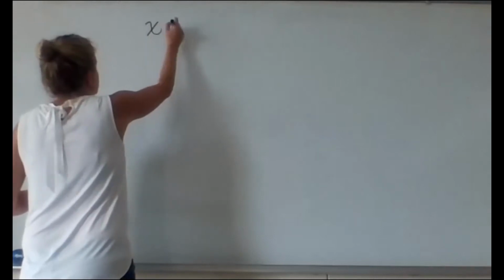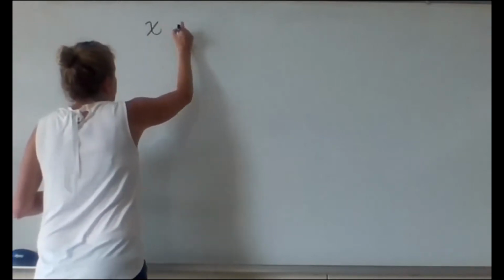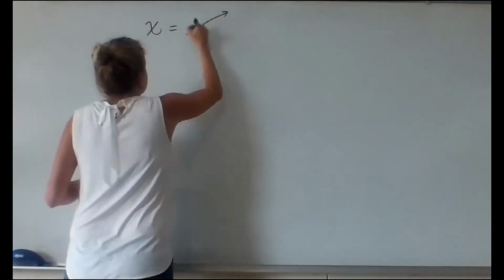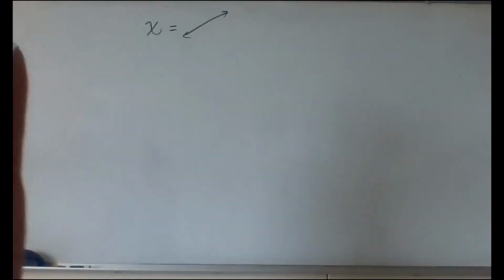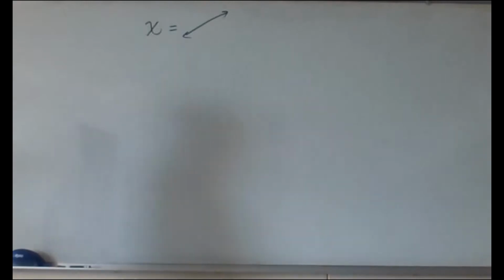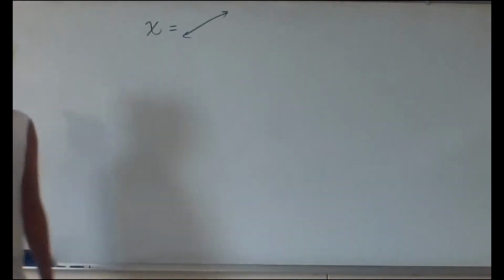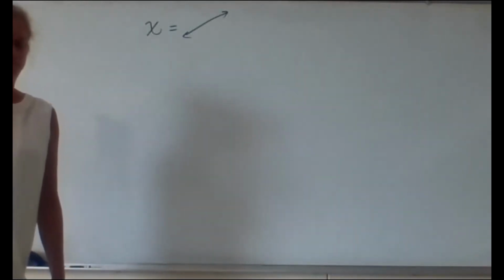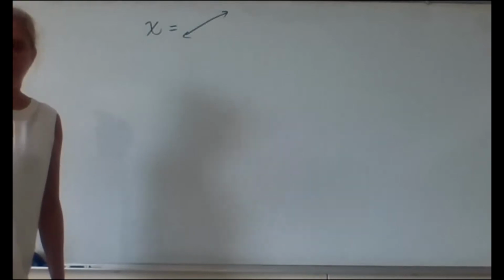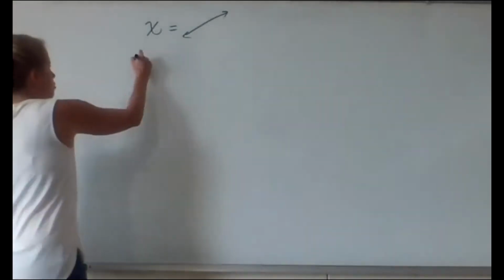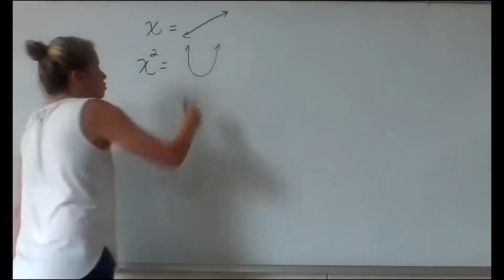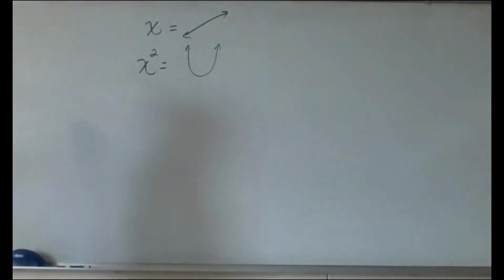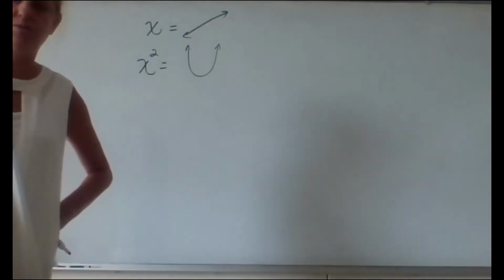The first one is just an X graph, which means if it's not squared or cubed or absolute value, if it's just X, it's going to be some sort of line. X squared graphs are the parabolas, the U-shaped graphs. That's if your highest exponent is a 2.